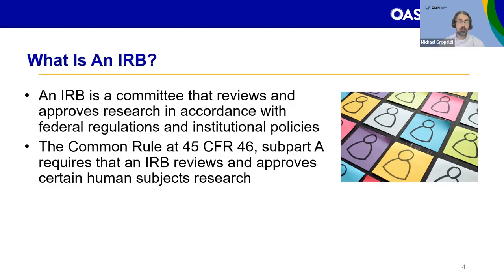Now, the regulatory requirements of the Common Rule apply when there's non-exempt human subjects research that is conducted or supported by a Common Rule agency. So OHRP is the government authority for research that's conducted or supported by HHS, but there are 20 other departments and agencies who have adopted the Common Rule. So if the research is conducted or supported, and note that this goes a little bit beyond funding, right?